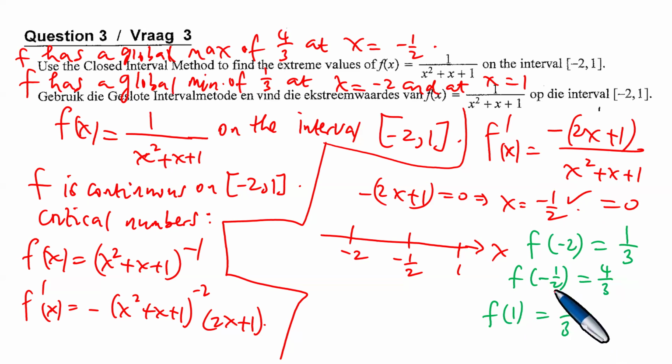All right, so with these, you're able to note that here are 1/3 and 1/3, which are the extreme values at -2 and 1 of the closed interval. So f has its global minimum here because this 1/3 is like 0.3 recurring, but this one is 1.33 recurring. The global minimum happens at x equal to -2 and also at x equal to 1. f has a global max of what? f has a global max of 4/3 at x equal to -1/2.